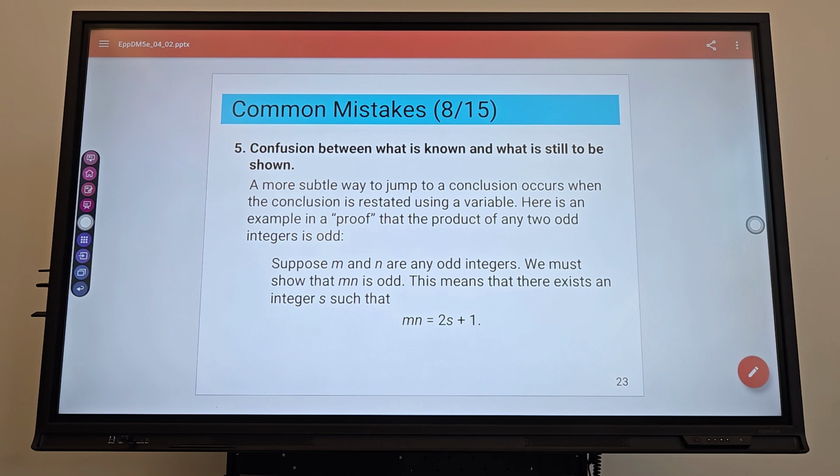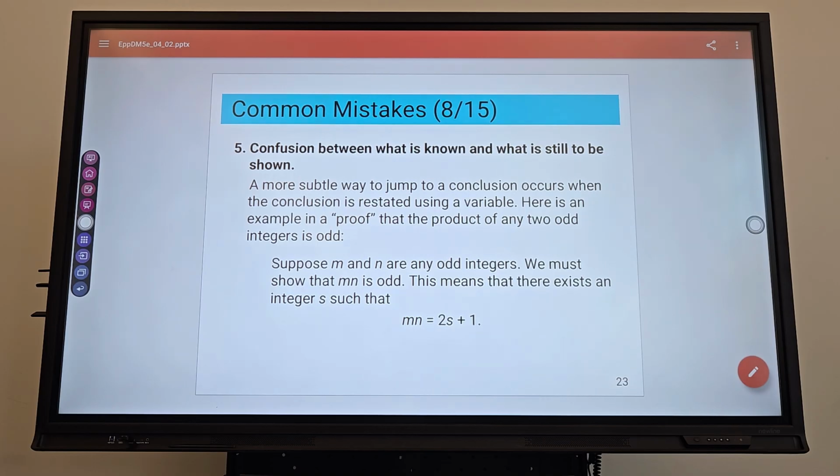Confusion between what is known and what is still to be shown. A more subtle way to jump to a conclusion occurs when the conclusion is restated using a variable. Example: the product of any two odd integers is odd. Suppose m and n are any odd integers. We must show that mn is odd.